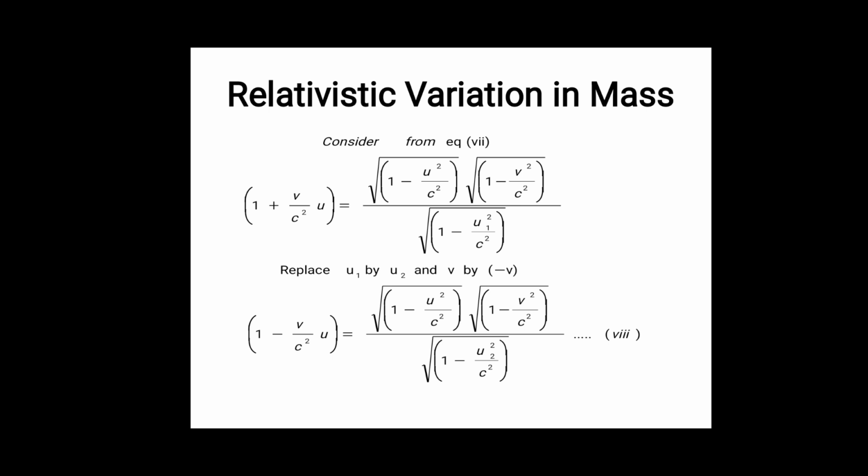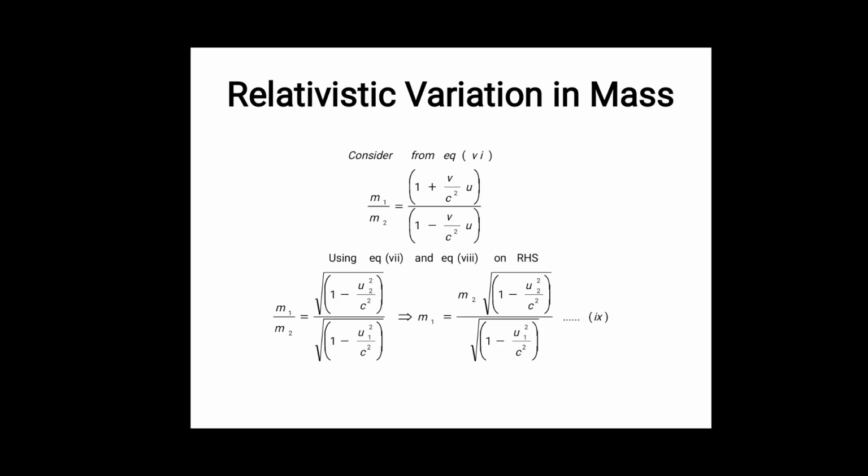That is the answer for 1 minus v upon c square into u. Consider from equation number 6, m1 over m2 equal to 1 plus v upon c square u whole divided by 1 minus v upon c square into u. Using equations 7 and 8 for values of numerator and denominator in this equation, we can obtain equation number 9.